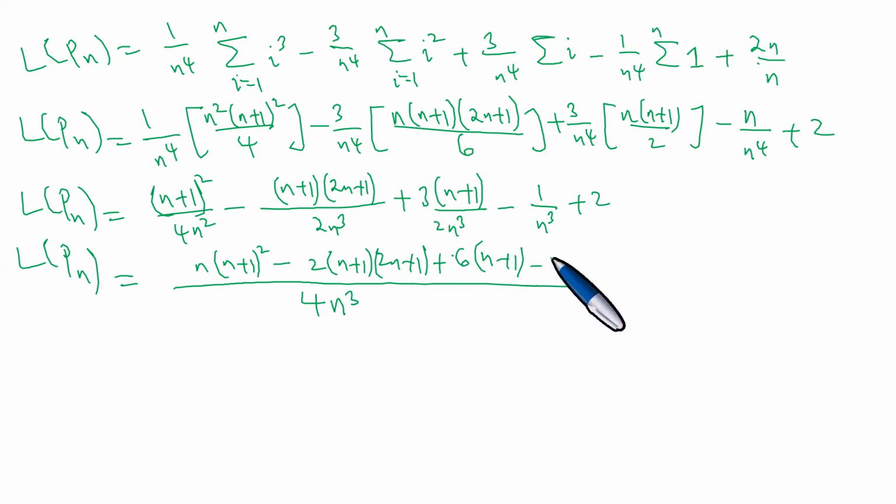Divide this one, it becomes 4. This one is out of 1. Divide this one by that, it becomes plus 8n cubed. So this is what we have.